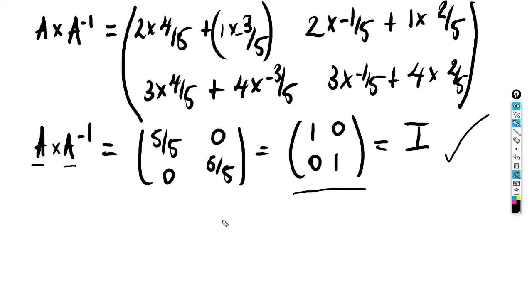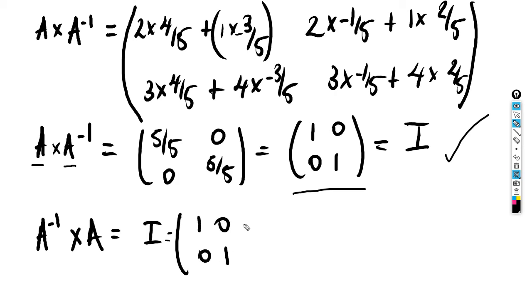Also, you should actually do this yourself because the video is getting quite long. Multiply A inverse by A and see if you get the identity matrix, which should be 1, 0, 0, 1.